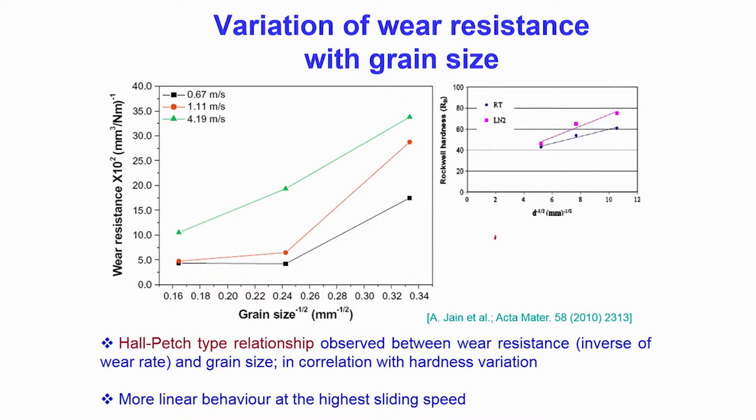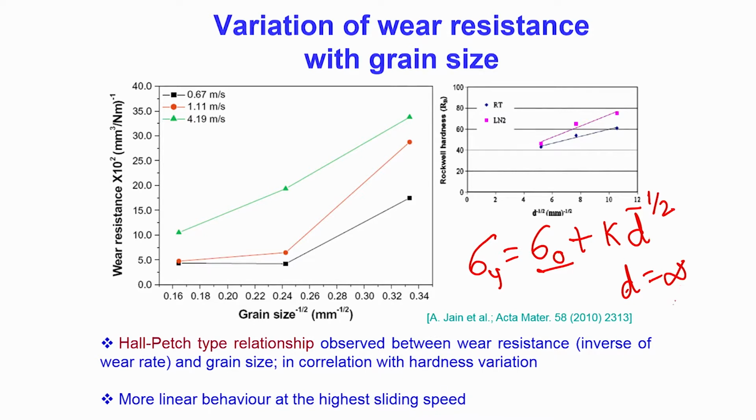Now, those who are from a metallurgy background know the yield strength for polycrystalline materials: sigma y is equal to sigma naught plus k d to the power minus 1 by 2, where sigma y is the yield strength of the polycrystalline material, sigma naught is the yield strength of single crystals, because from this you can clearly see that when d is equal to infinity, sigma y is equal to sigma naught.